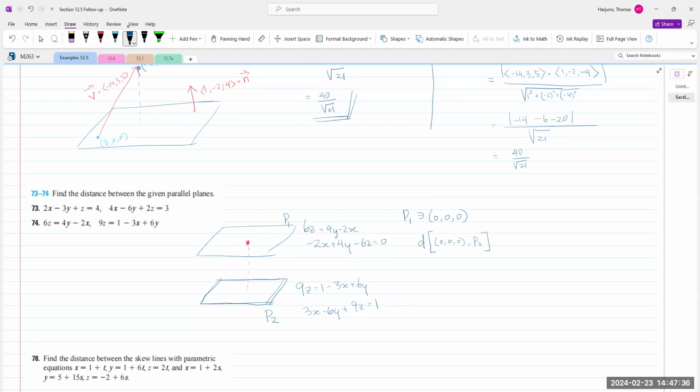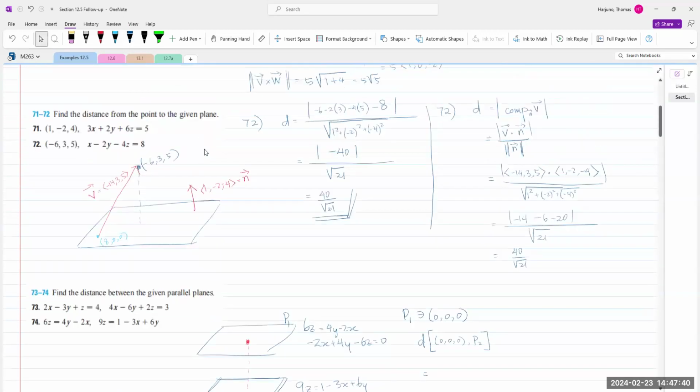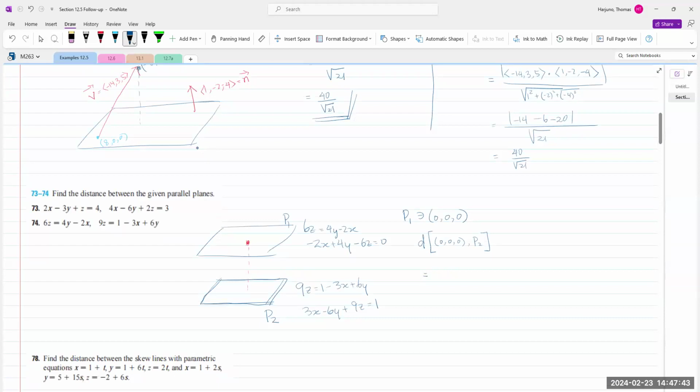Which is equal to, if you remember the formula that I used up here, the absolute value of 3 times 0 minus 6 times 0 plus 9 times 0 minus 1, over the square root of, I factor the 3 out, so I will get 1 squared plus negative 2 squared plus 3 squared.